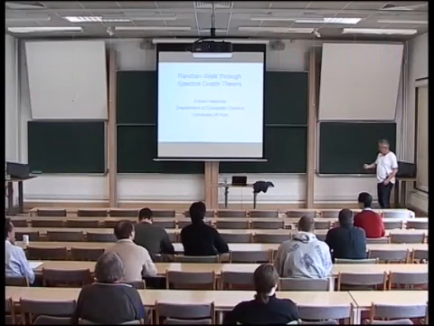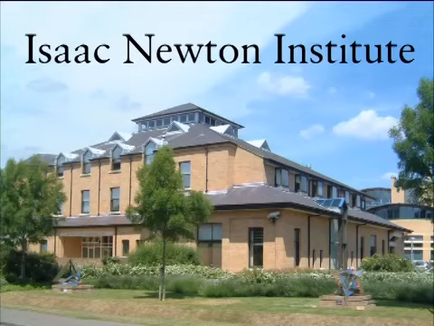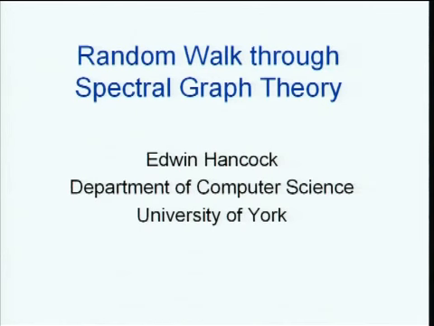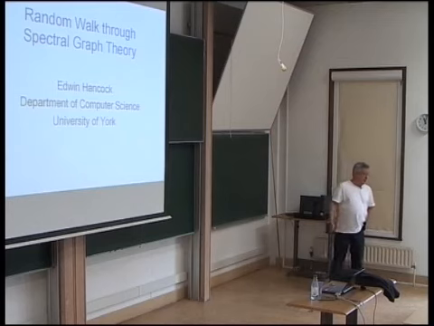Okay, so what I wanted to do today was to talk about some applications of random walks and, in particular, spectral graph theory to the problem of characterizing graph structures. And what I'm going to do is to focus very much on problems from image analysis and computer vision. I've put far too much into the talk, but what I want to do is really to pull out two topics in particular.